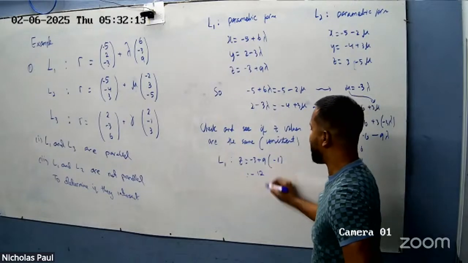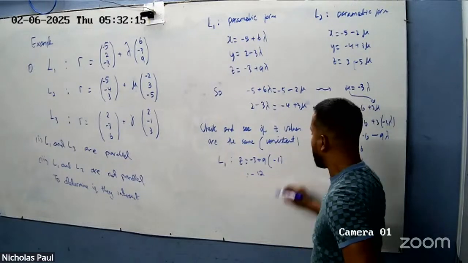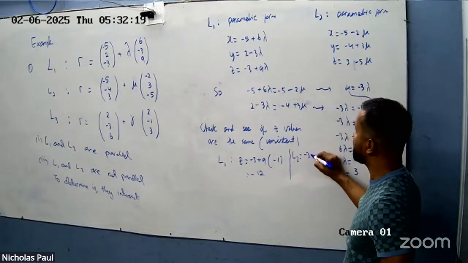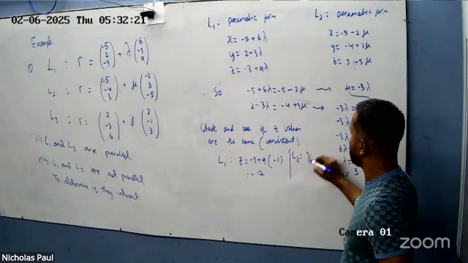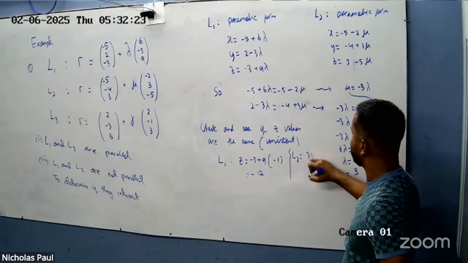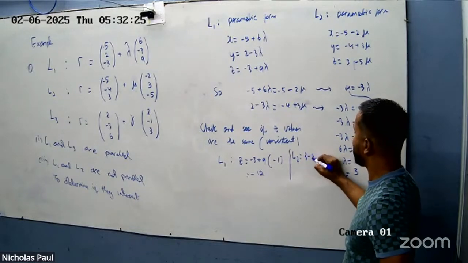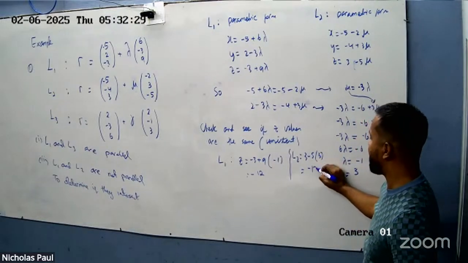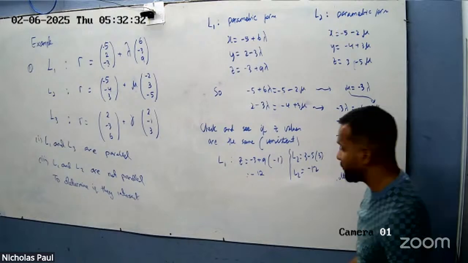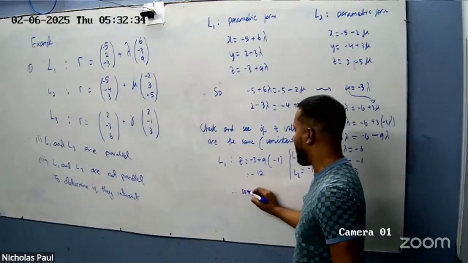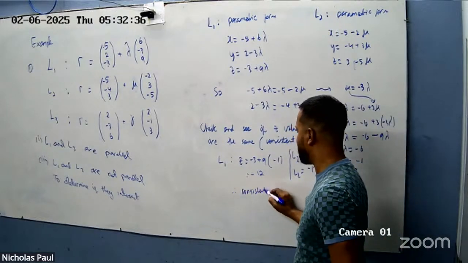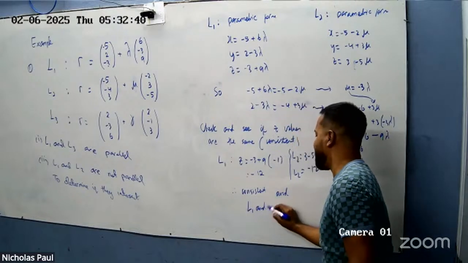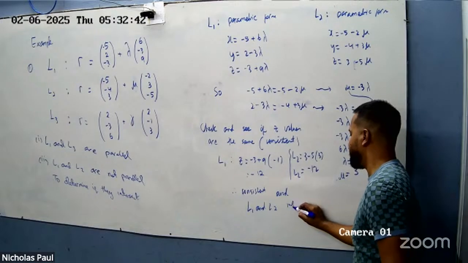I got minus 12. And I'm going to do the same thing for L2. L2 is minus plus 3 minus 5 by 3. 3 minus 15 is minus 12. What does that mean? Therefore, it's consistent and L1 and L2 intersect.